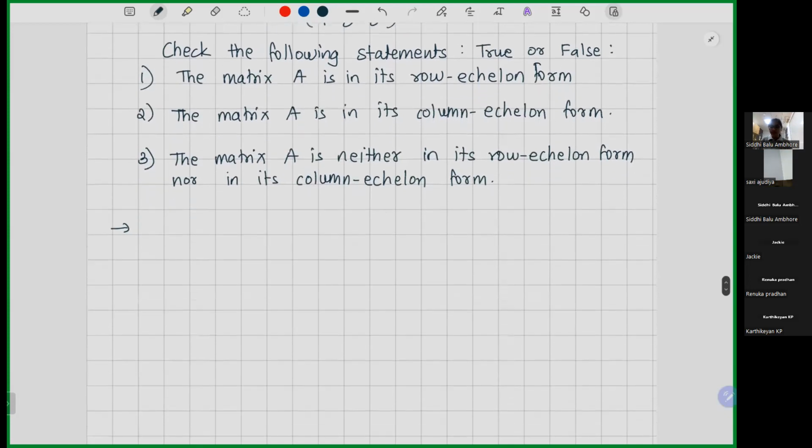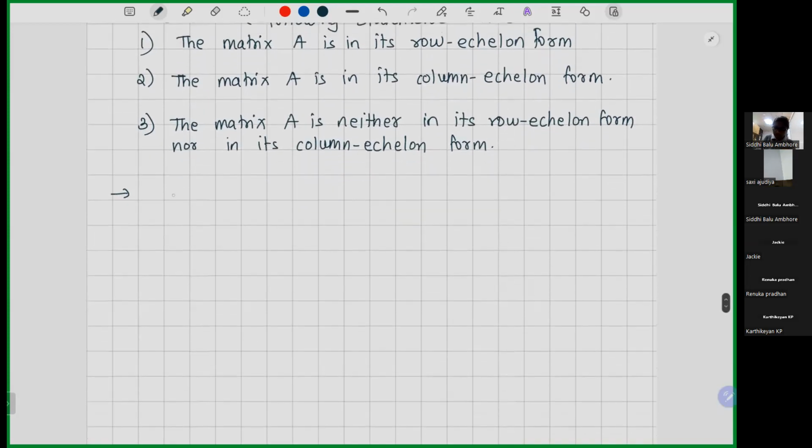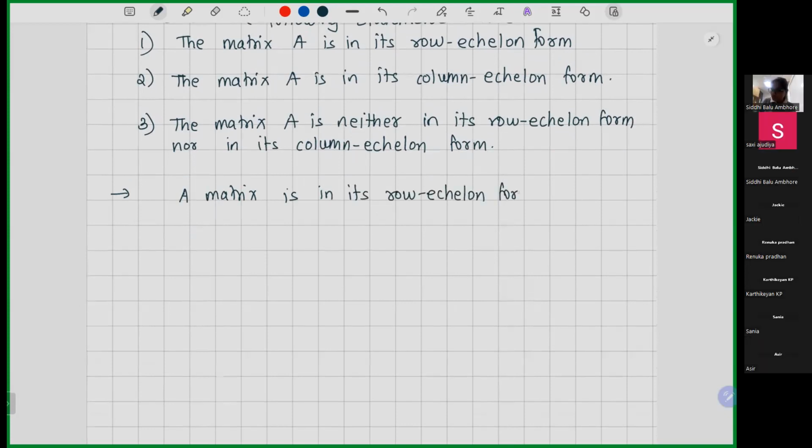So we'll start first with the definition of row echelon form. We will go through definitions quickly before we answer this question. Recall that a matrix is in its row echelon form if each row is either 0 or begins with a 1.